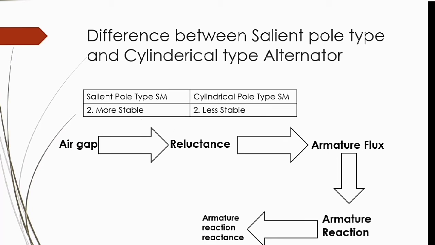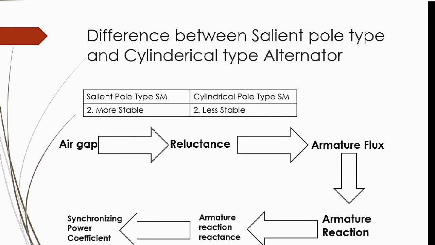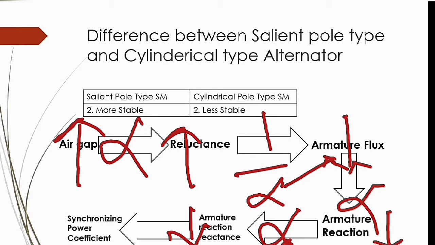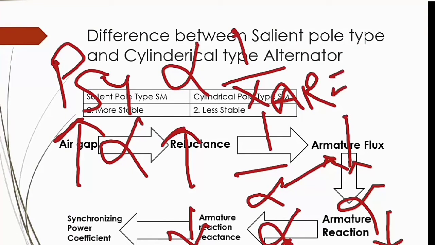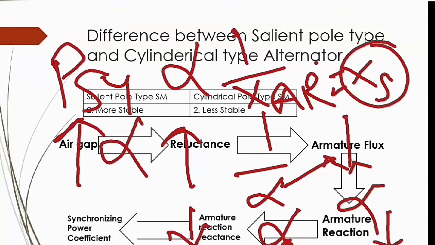Okay, so armature reaction reactance decreases, that means synchronizing power coefficient, because synchronizing power coefficient Psy is inversely proportional to 1 upon XAR or 1 upon XS. Okay, so it is inversely proportional to this.